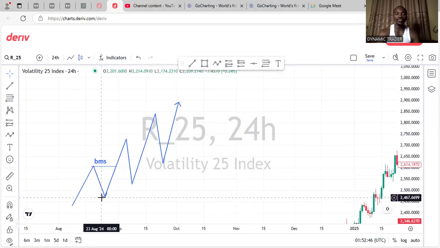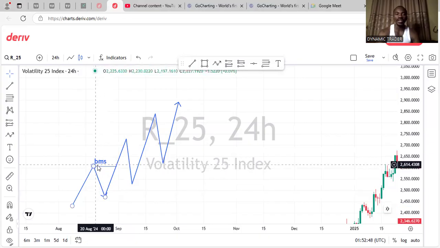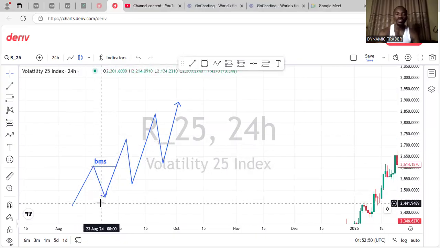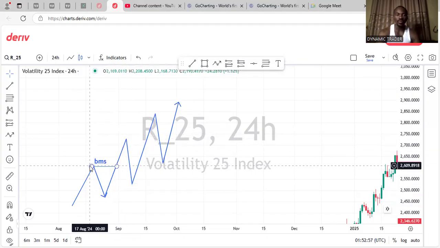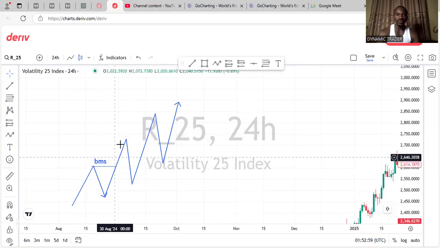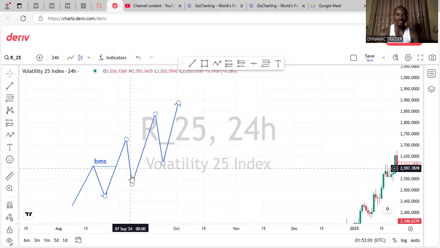Then this previous low broke above this high that was formed, creating what we call a higher high. The reason it's called a higher high is because this high is higher than this. Then when it made that swing high, it made another swing low, a higher low.